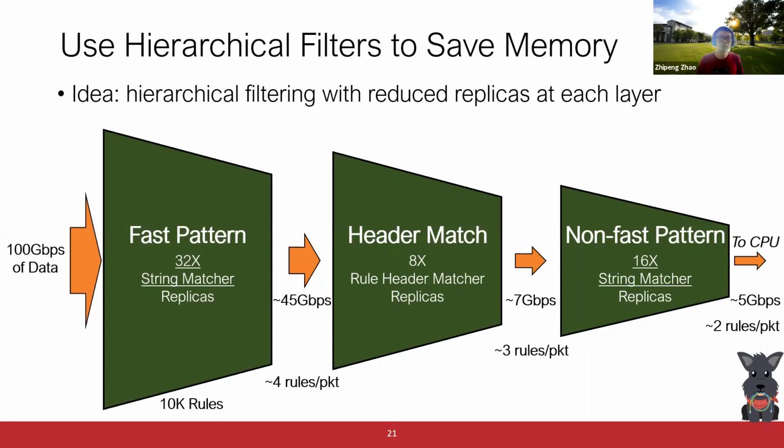So in this design, the front-end filter handles the common case, which is 100 gigabit per second data and tens of thousands of rules. And the later stages only need to handle the uncommon case, which is the suspicious packets and a handful of rules.